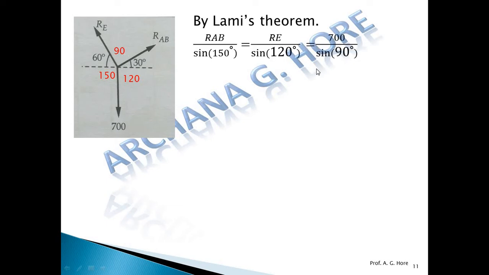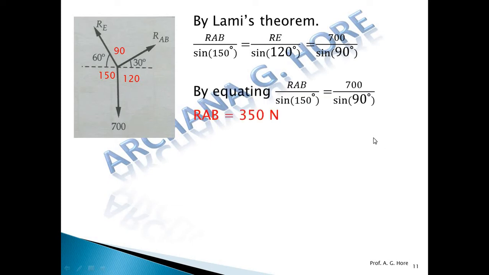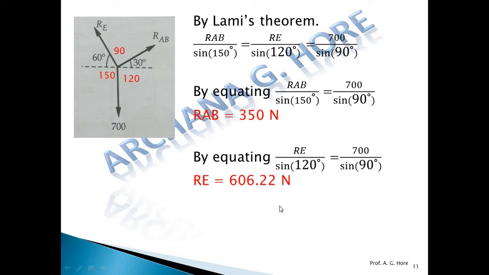So we get this equation. Now for RAB equate these two, and for RE equate these two. We get the value of RAB, and by equating these two we get the value of RE.